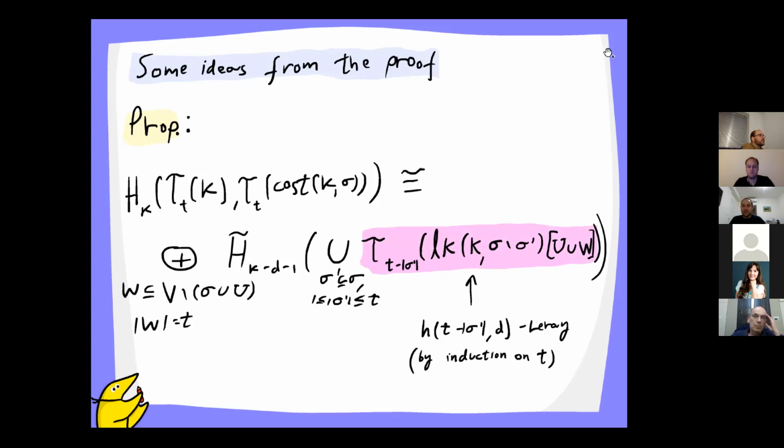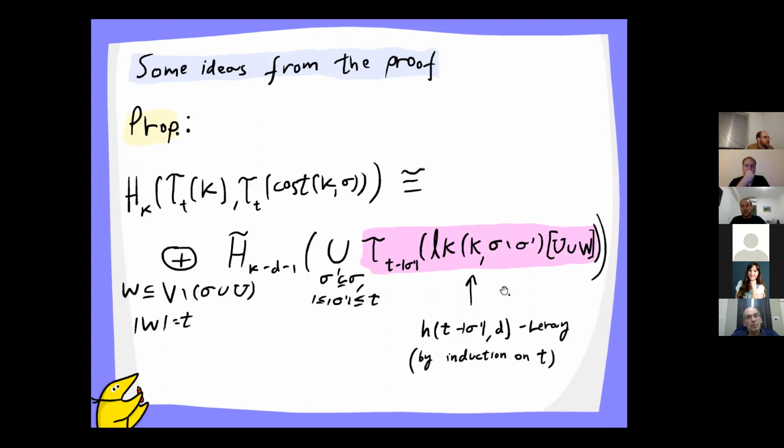And so again, by arguing by induction, we can assume that this complex is HT minus sigma prime D Leray. So it has bounded Leray number. And now we have a union of such complexes with bounded Leray number.